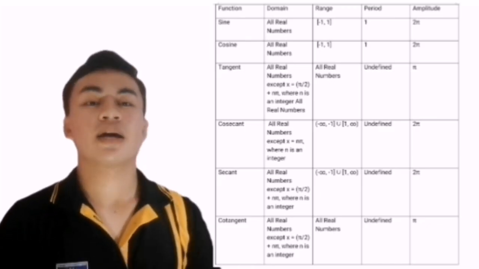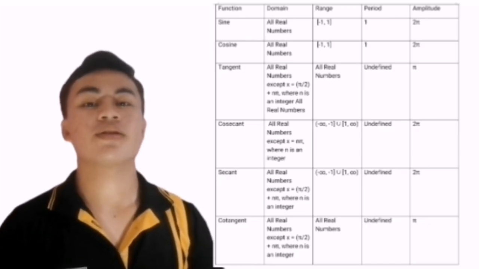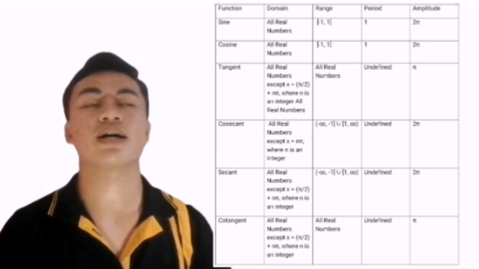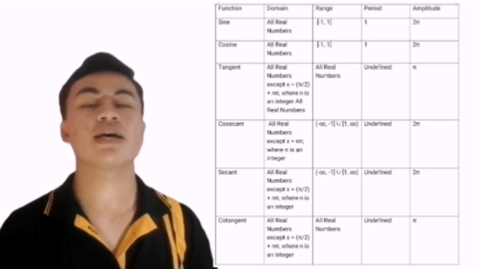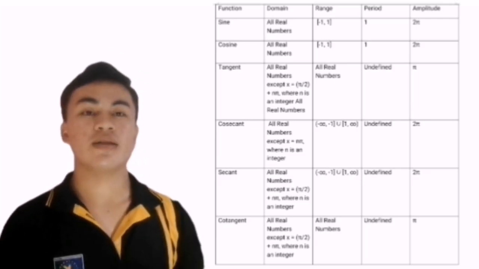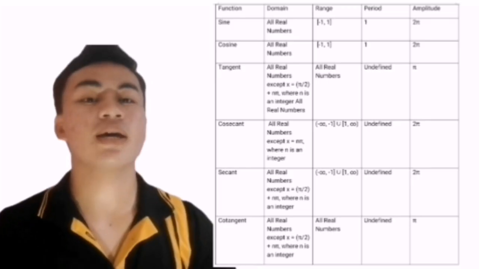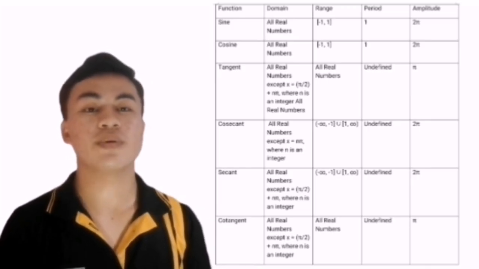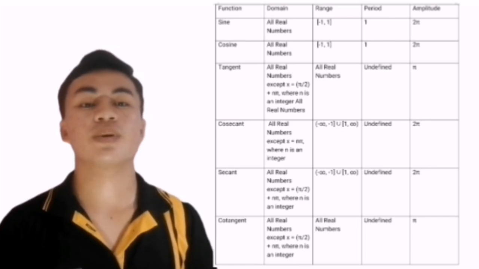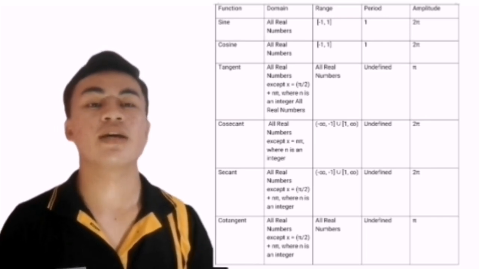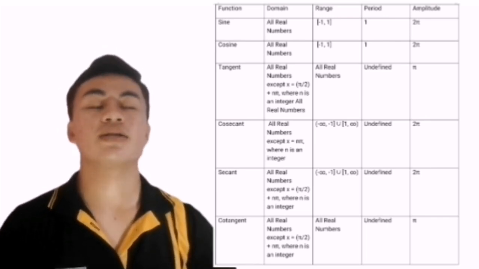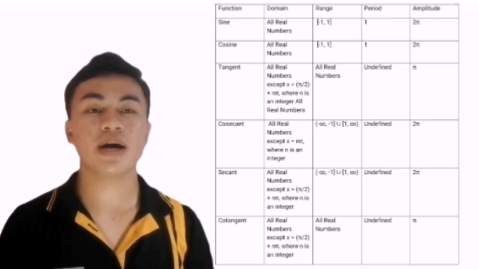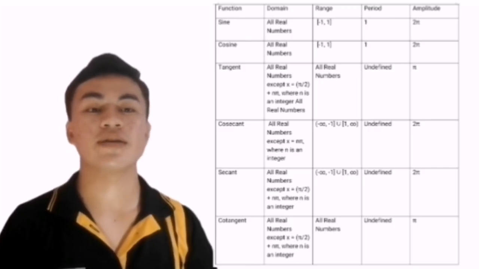Secant, its domain is all real numbers except x equals 1/2 pi plus n pi, where n is an integer. Its range is negative infinity to -1, union +1 to infinity. Its period is 2 pi and its amplitude is undefined.